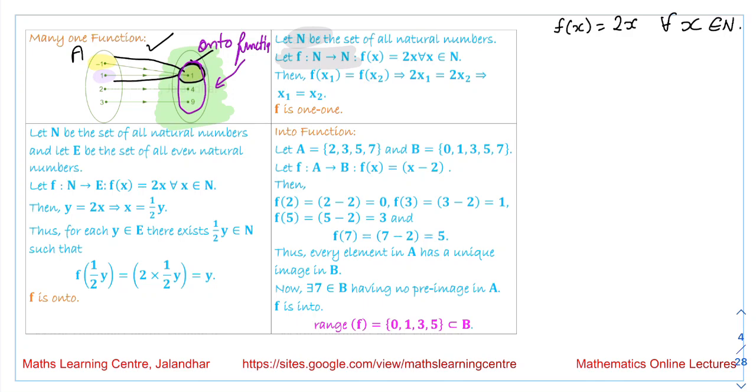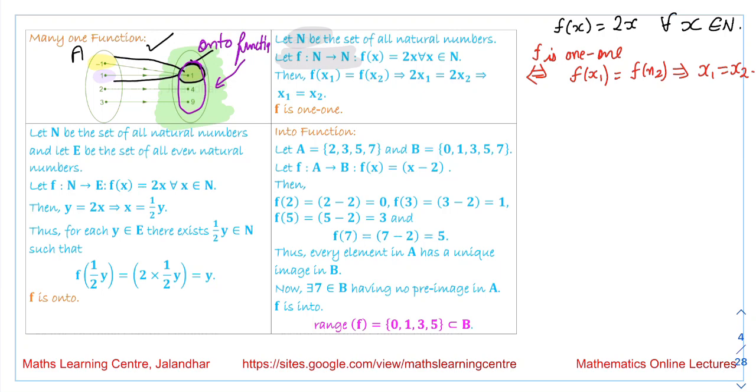What we have said is that a function f is 1-1 if f(x1) is equal to f(x2) implies x1 is equal to x2. So to prove that it is 1-1, it means we are saying that every element in B has a unique pre-image.